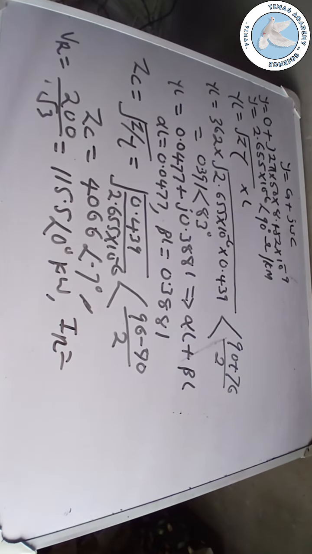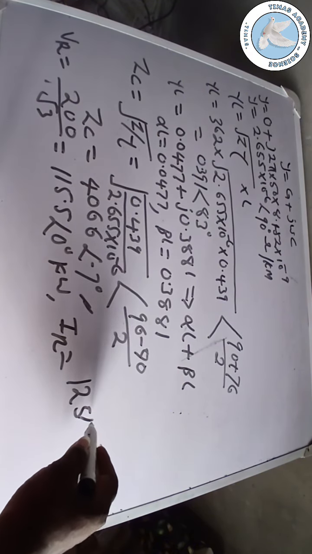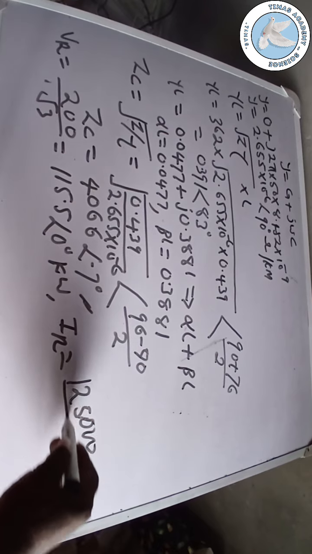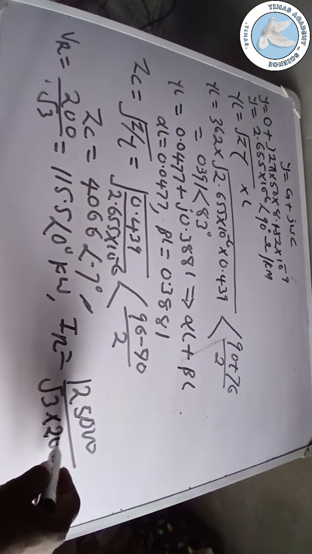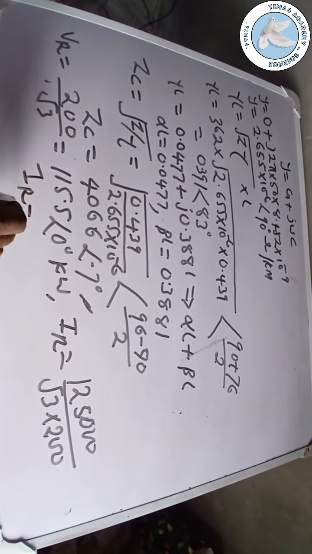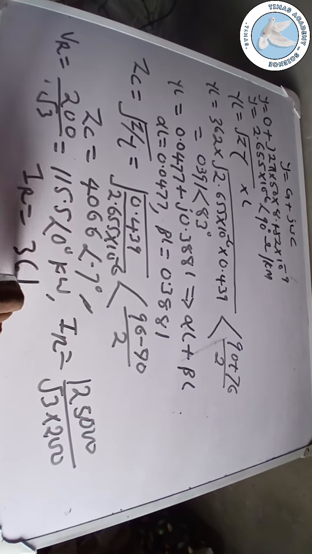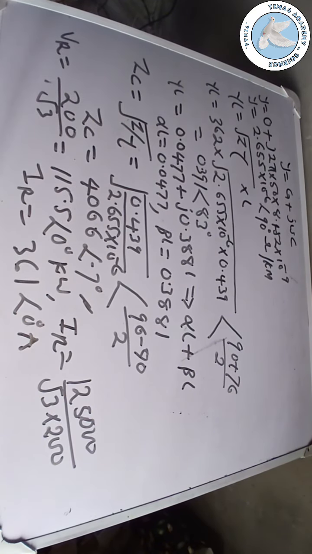IR we have gotten from the load, which is 125 megawatts. You divide it by the line voltage times root 3, and IR is giving us 361, and the angle is 0 amps. So these are the parameters we have gathered.